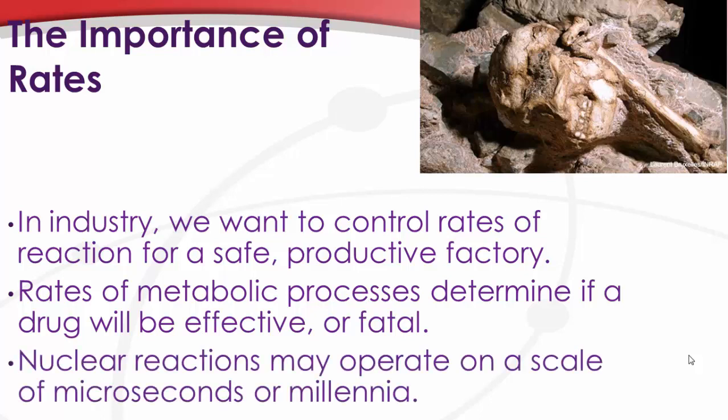And in nuclear reactions, we can see reaction rates on a scale of microseconds in the case of an atomic bomb, or millennia in terms of carbon dating. The capacity to be able to effectively measure, report, and control rates of reaction is extremely important.